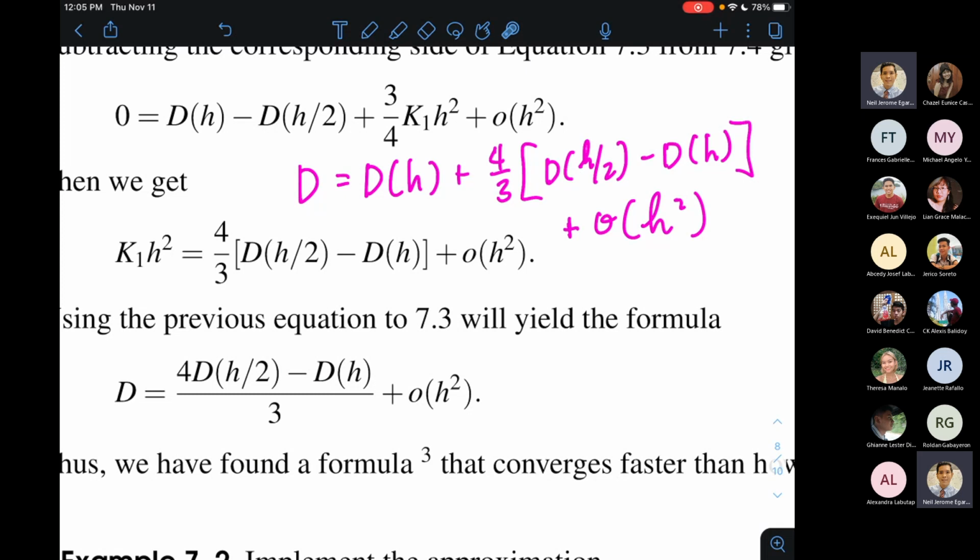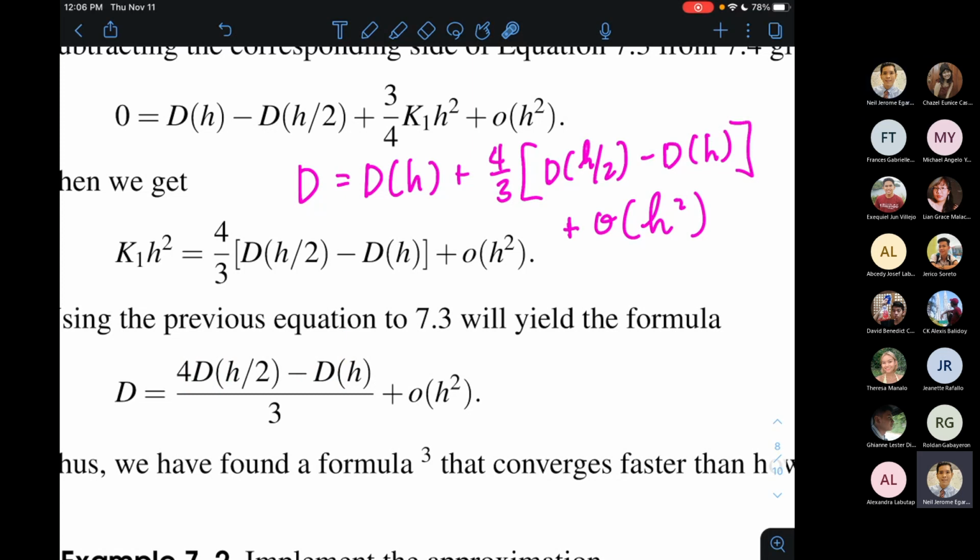So kung nag-ESP kayo or nagti-thesis, medyo nababagalan kayo dun sa convergence nung ginagamit yung method na order 2 pala siya, gawin nyo lang itong simple extrapolation process na to, mas bibilis yung convergence nung method nyo. So hindi siya limited sa numerical differentiation formula. You can exchange D here by any formula or any iterative formula of order h squared.